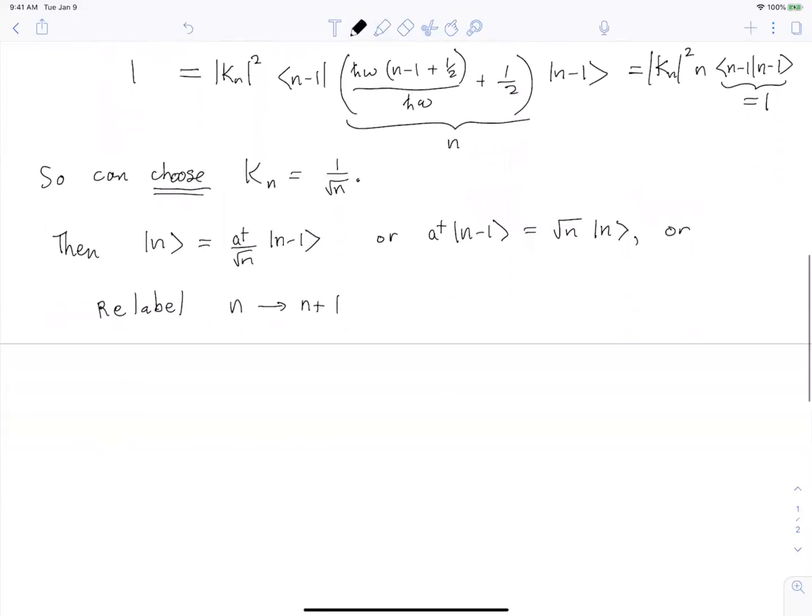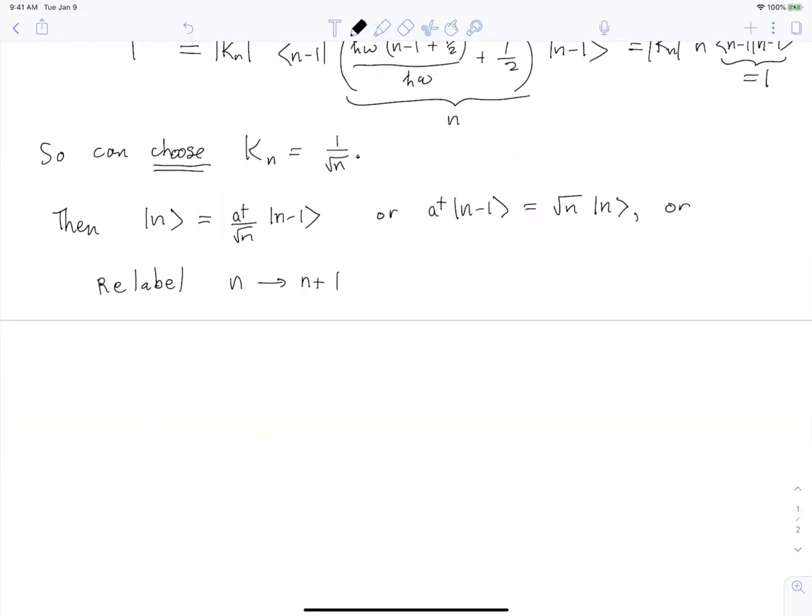The only reason for doing that is because now we get a dagger acting on n is square root of n plus 1 times n plus 1. So this is a recipe that's telling us how a dagger acts on any energy eigenstate. It gives us the next higher energy eigenstate, but for everything to be normalized, we need this square root factor.